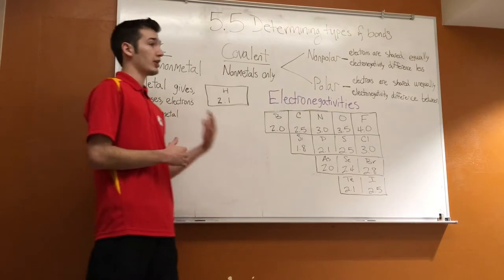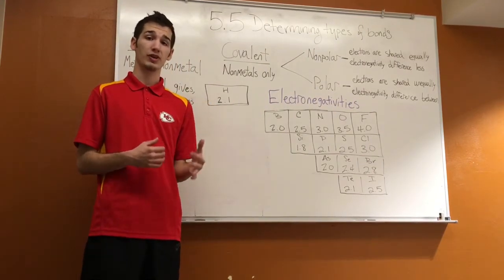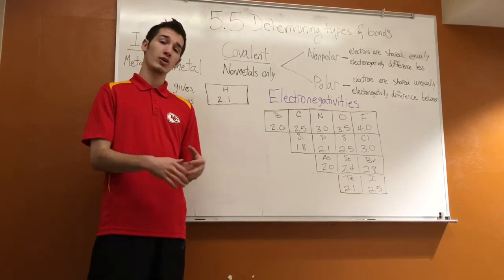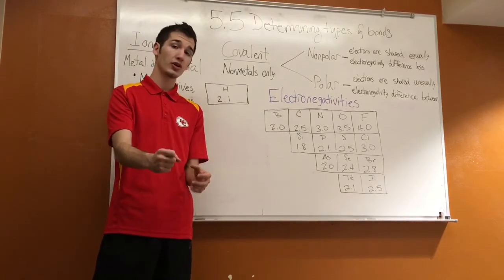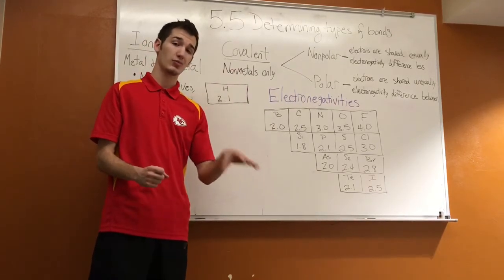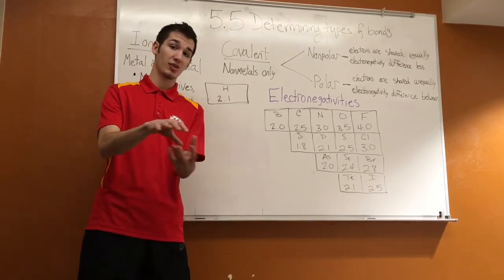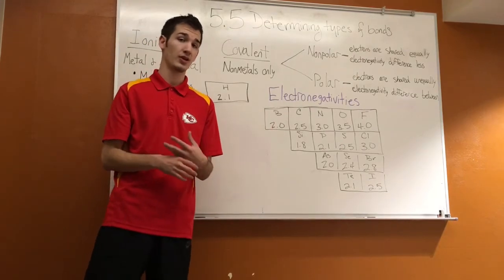And if we remember about ionic bonds, they conduct electricity when they're dissolved in a solution because they break into two different parts, their metal component and their non-metal. The metal part conducts the electricity through the solution.